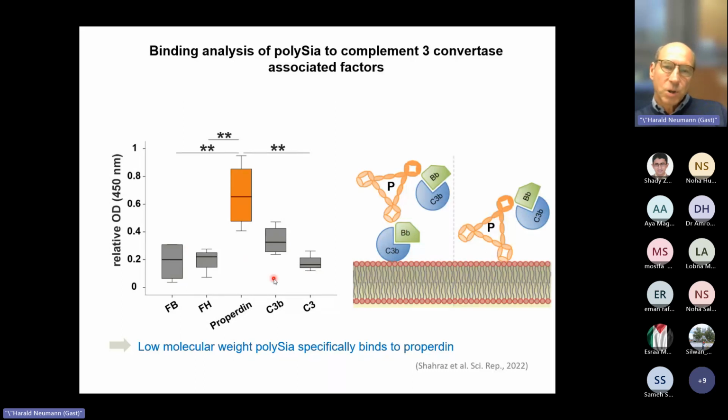The concept which we now have is that polysialic acid binds to properdin, the activator, and by binding to this activator it's neutralizing its activity. So properdin no longer can amplify the C3 convertase, or properdin cannot be targeted to the lesioned cell membrane and cannot initiate the alternative complement pathway.